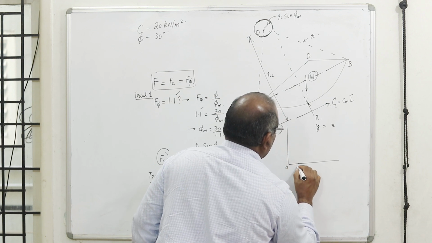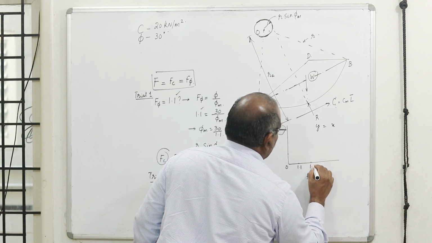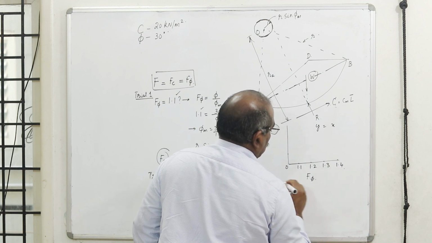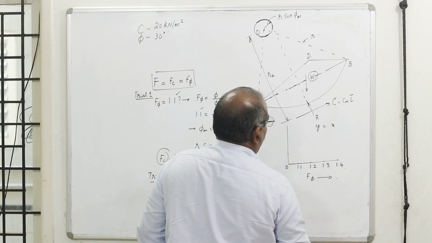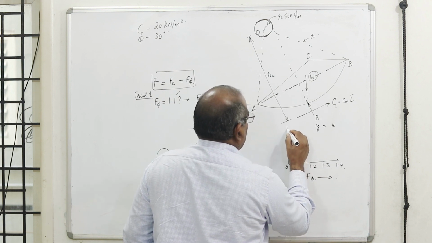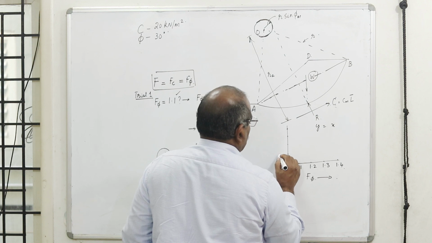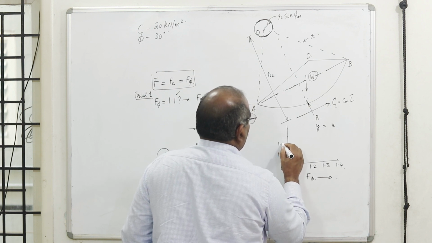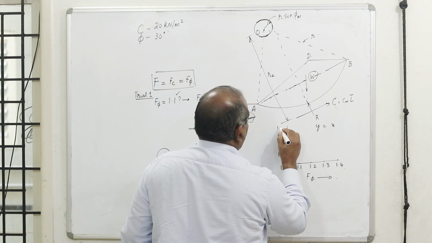This is 0, this is 1.1, 1.2, 1.3, 1.4. This is the independent variable. This is the dependent variable, Fc, to the same scale, because you have got the same parameters. This is 1, 1.2, 1.3, 1.4.